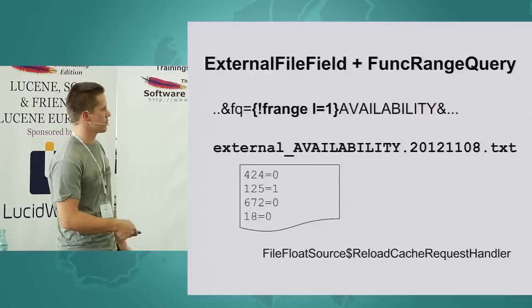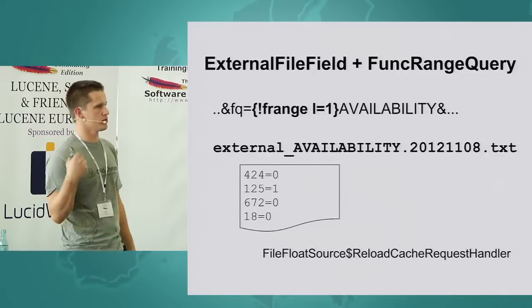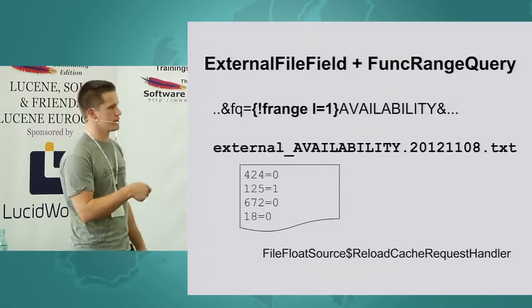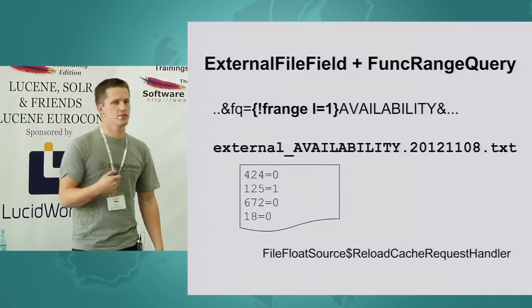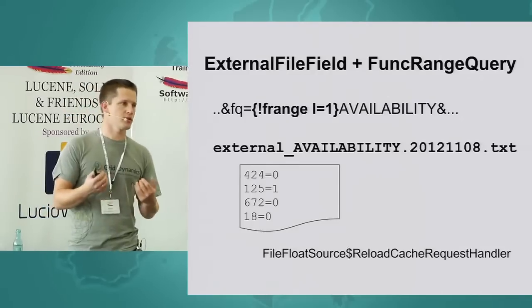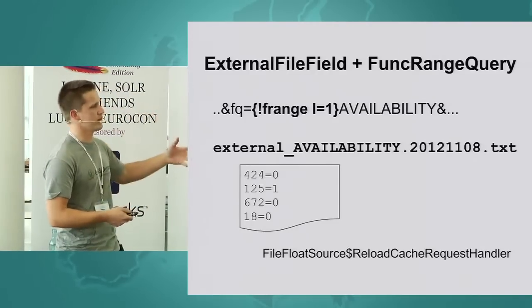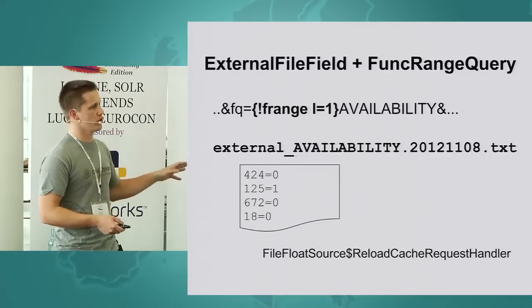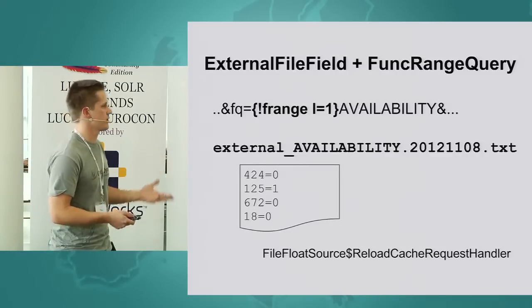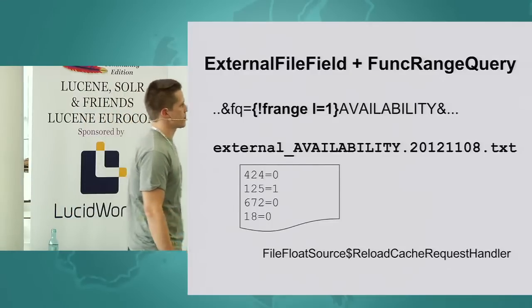And the second problem is that you need to trigger a commit to reload this file. It seems absolutely strange to me, because I just need to reload this file. Why do I need to flush all my caches away?